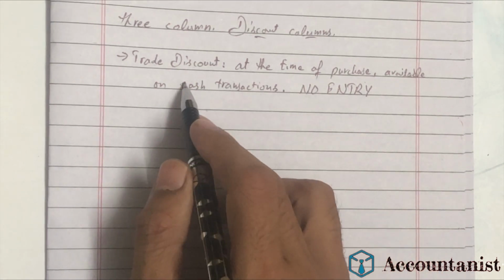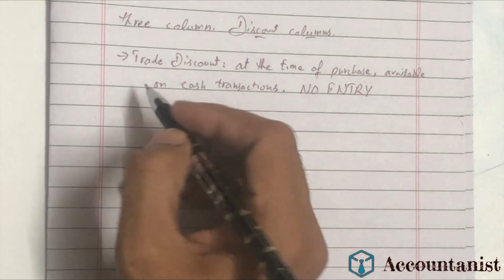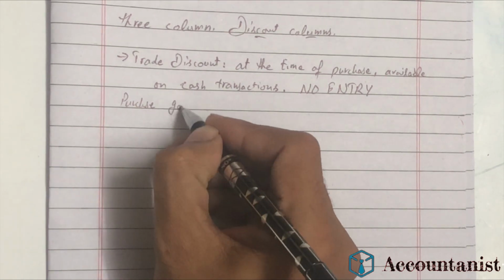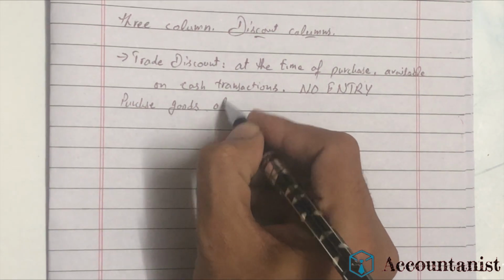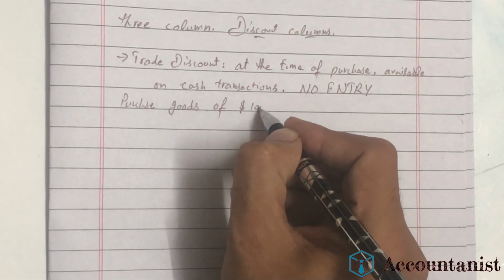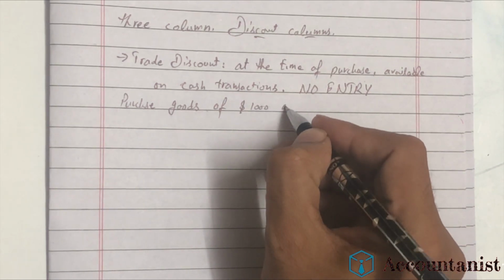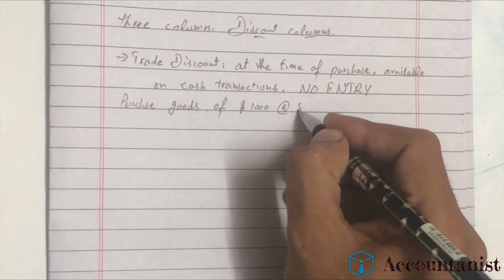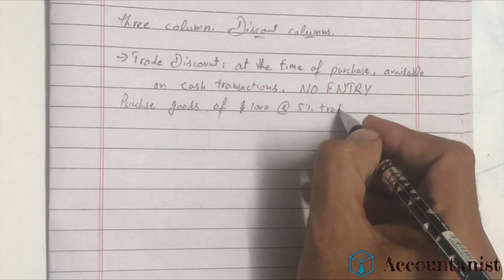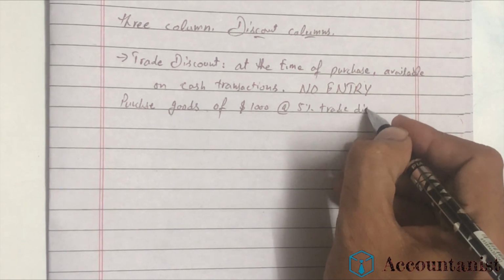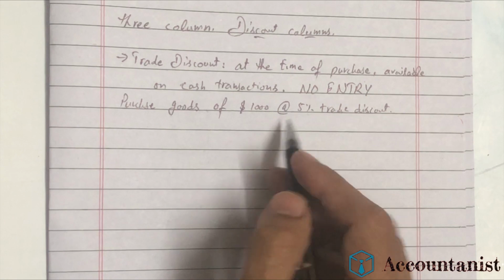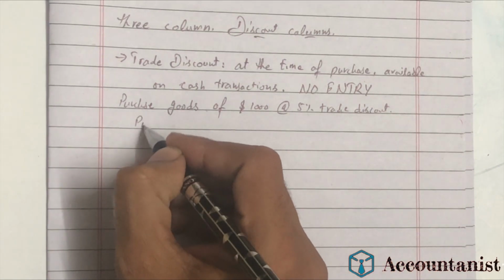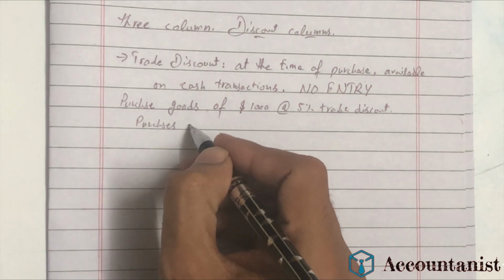Let's suppose we purchase goods of $1,000 subject to a trade discount at the rate of 5%. The purchases account will be debited.